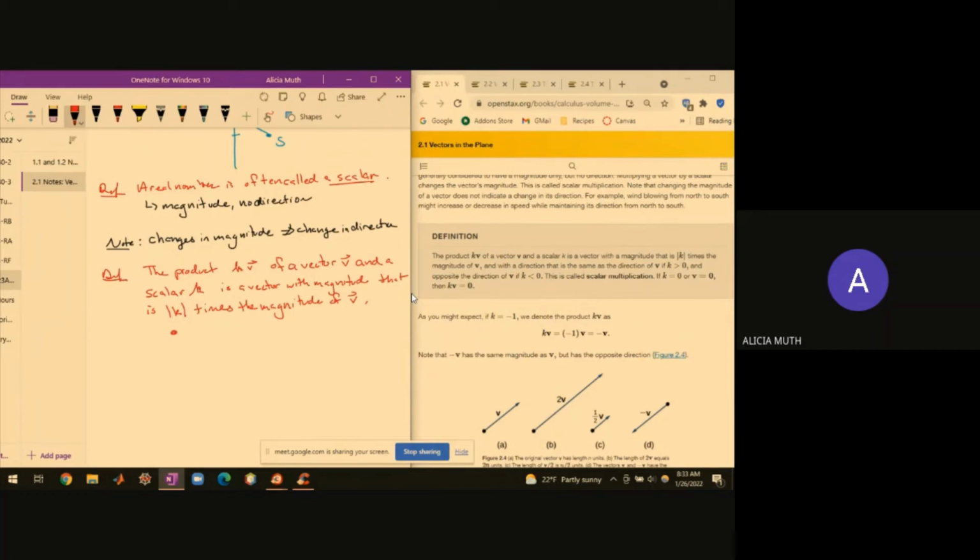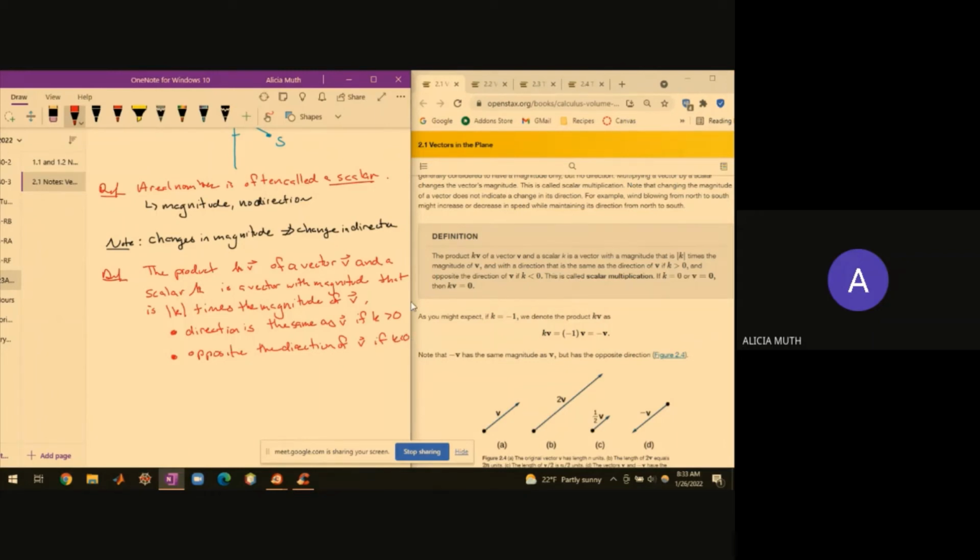Let me just kind of separate those terms. So direction is the same as v if k is positive, and opposite, right? So we're not just spinning around, we're either in the same direction or the complete opposite. Opposite the direction of v if k is negative.